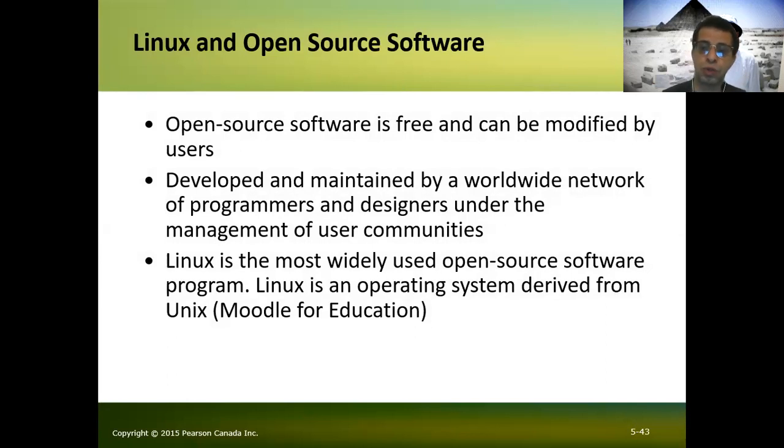It's open source, and you can develop it. It's not only for education, it's for other applications also. You can develop it for certain industries. It's developed and maintained by a worldwide network of programmers and designers.